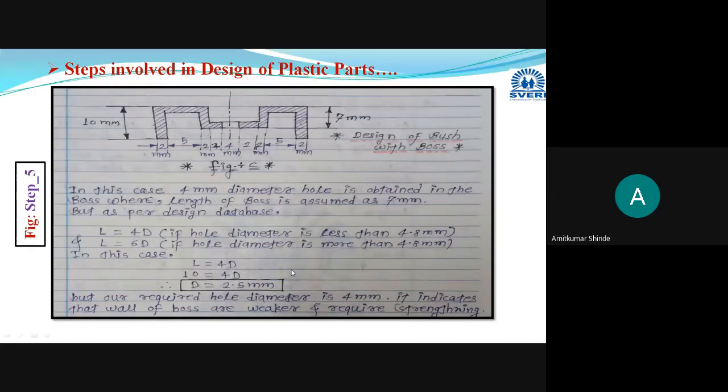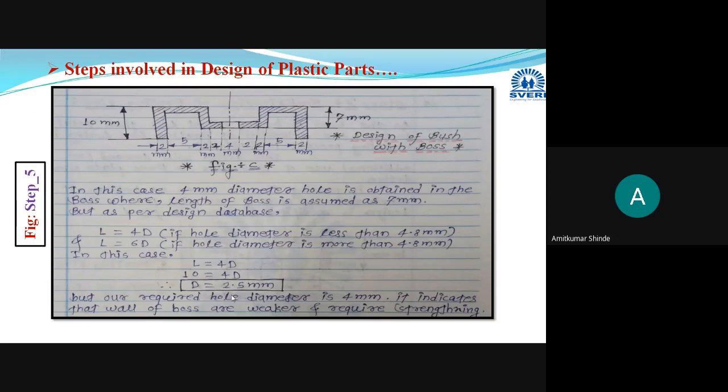As the diameter is less than 4.8, it must satisfy this equation. Then d will come to 2.5. As per the given length of the boss, the diameter must be 2.5, but our required diameter is 4. Its capacity is low, hence.